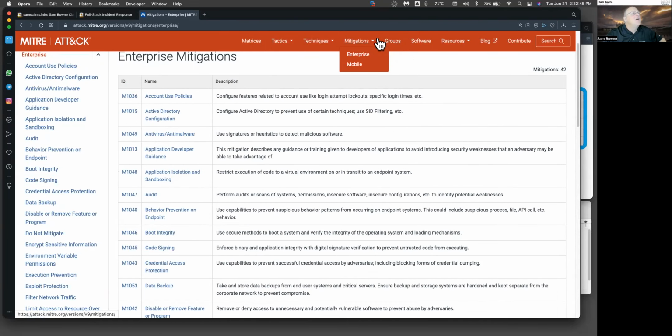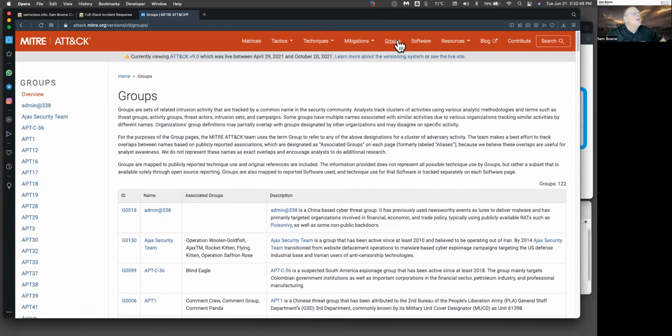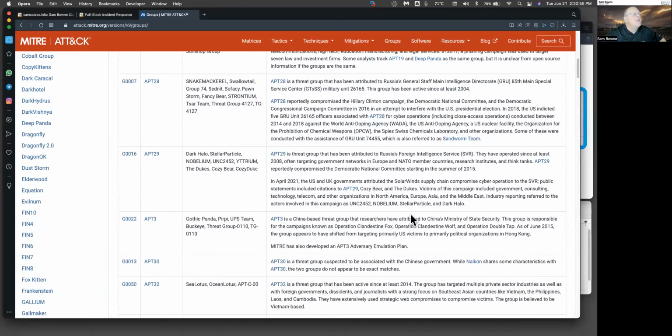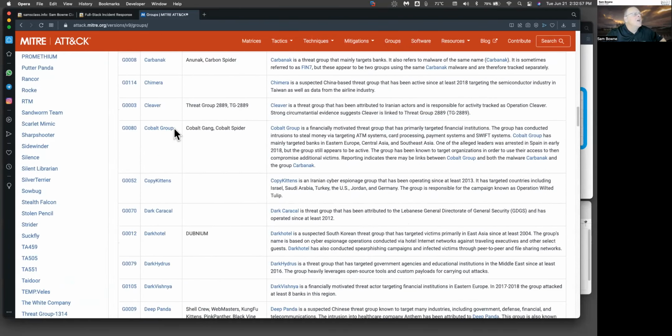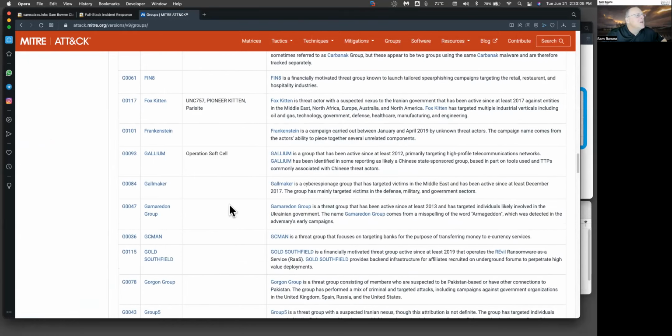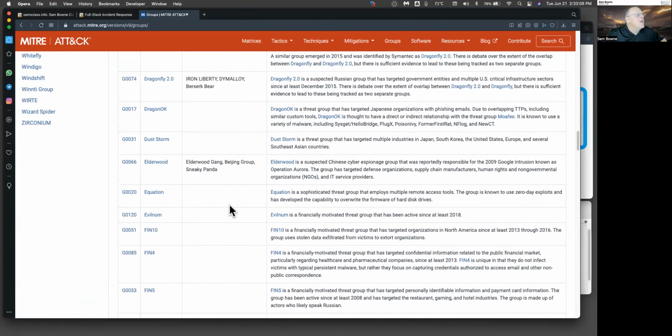And you have groups, a list of all these different attack groups, like all the APTs, APT 1 and 12 and 16, and all the nation state attackers like the Cobalt group, and all the kittens, which are the Iranian groups, and all the different pandas, which are the Chinese groups, and bears, which are the Russian groups, like Fancy Bear should be in here. Here's Equation, that's us, the NSA.